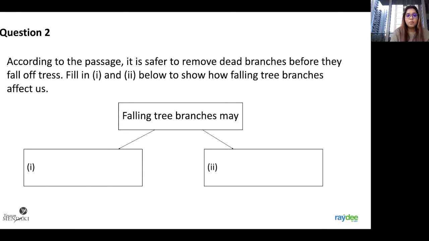So here we are doing referencing. According to the passage, it is safer to remove dead branches before they fall off trees. So fill in number 1 and number 2 below to show how falling tree branches affect us. Okay, so how do they affect us? They injure passers-by and they damage vehicles.